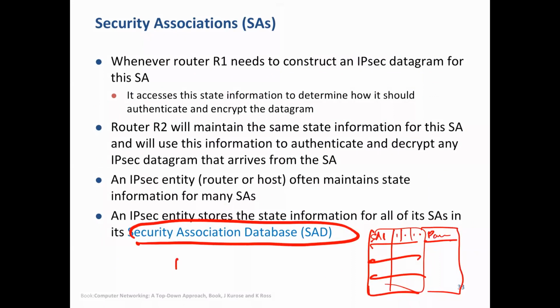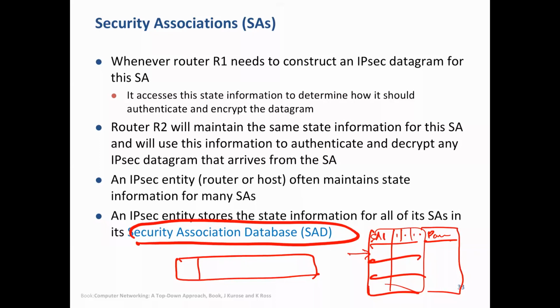Now when this packet reaches Bob's machine, Bob's machine or gateway needs to know how to unprocess it, how to decrypt it, and how to authenticate and check it. So it has to use the same parameters, and some index into this database can be sent. When the understanding between Alice's gateway and Bob's gateway happens, Bob's gateway will say, we have agreed on this, and this is the index you should use next time when you send an IP packet.